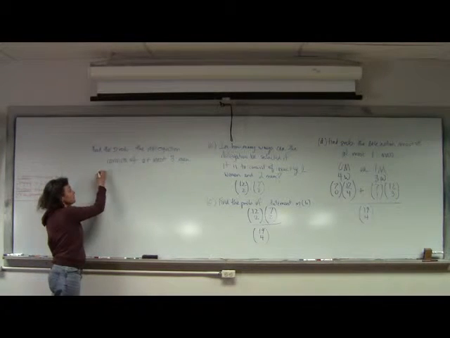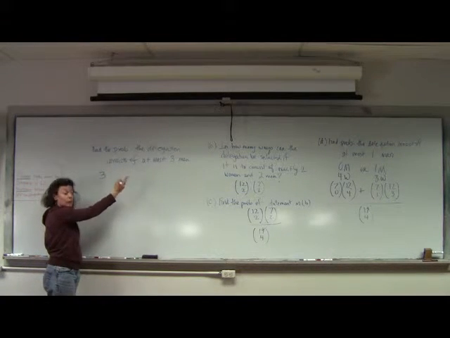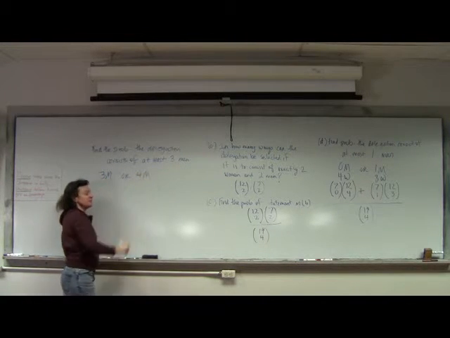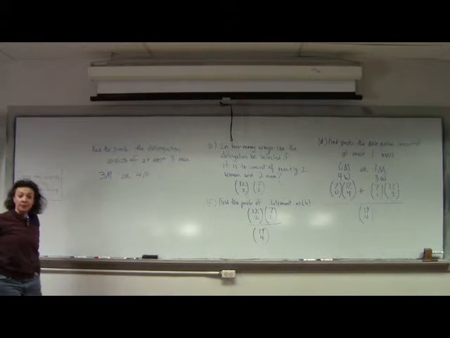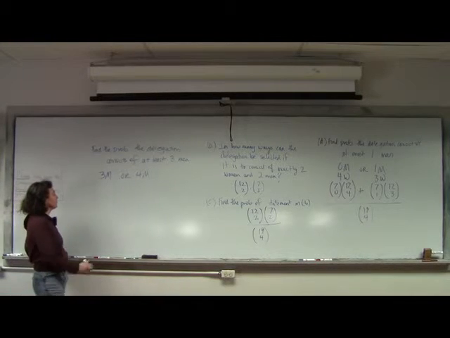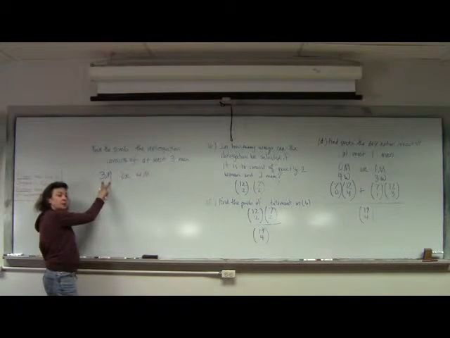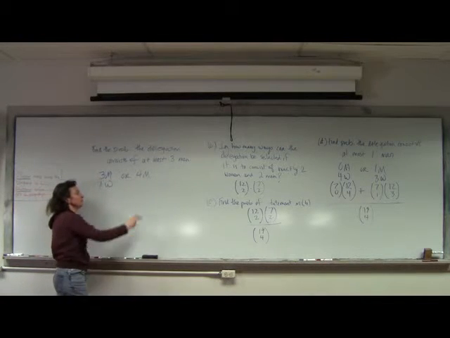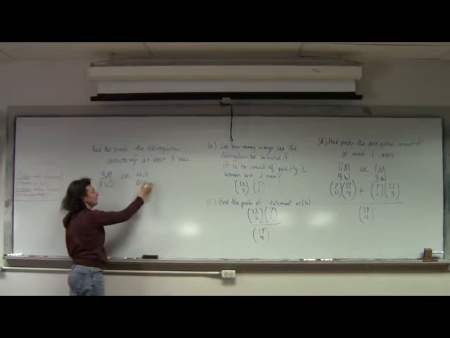Well, at least means 3 or more, so 3 men or 4 men. Why do we stop at 4? Because that's how many people are in our delegation. Okay, if there's 3 men in our delegation, I think you'll grant me that there's going to be 1 woman. If there's 4 men, there's no women.